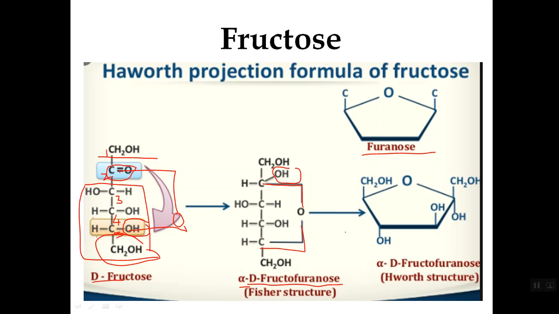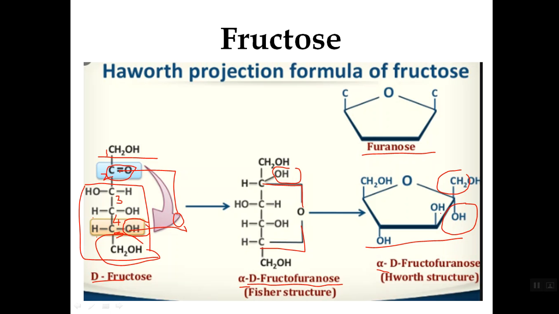And the same structure is represented in the form of the Haworth structure, wherein you have the OH towards the right side because it is alpha, and it is a D-fructofuranose structure. This is between the C2 and C5 carbon atoms. The first carbon atom has the CH2OH, then C2 has OH towards the right side.